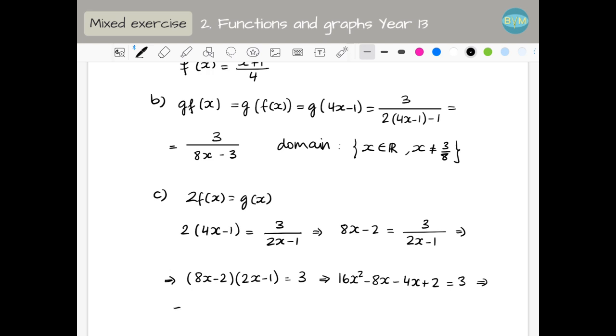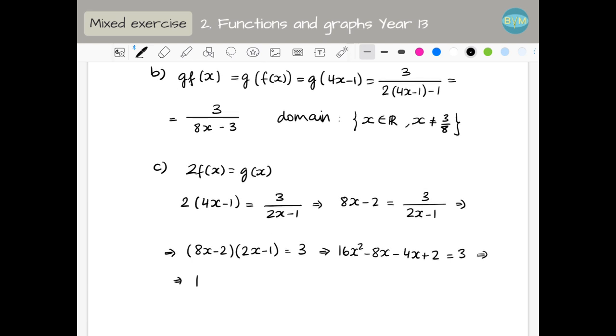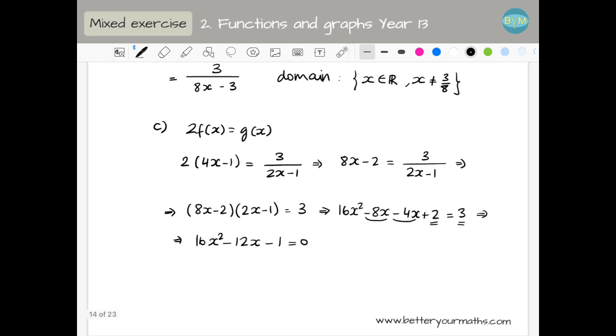And then we simplify. So we have 16x squared minus 8x minus 4x, minus 12x, and then we have 2 minus 3, minus 1, equal to 0. It's not easy to factorize, so I'm going to use the quadratic formula straight away. So x is going to be minus b, plus minus the square root of the discriminant, divided by 2a.